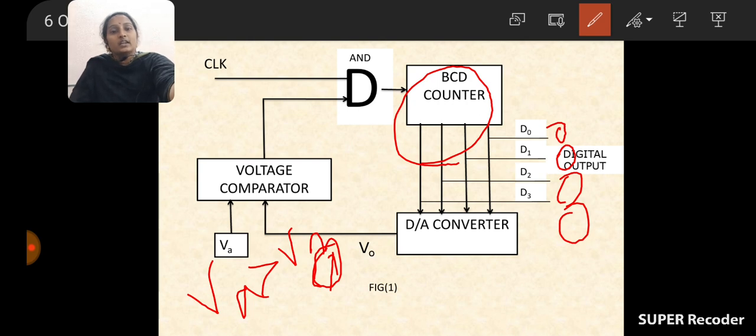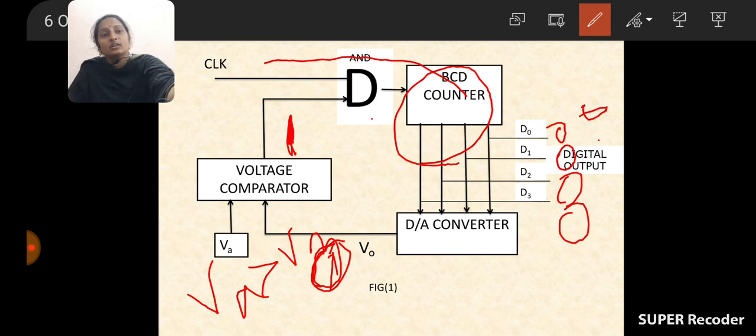If VA is greater than V0, the comparator will produce one pulse to the AND gate. Now the AND gate acts like a short circuit and allows one pulse to the counter. The counter counts one pulse and gives the value 0 0 0 1.